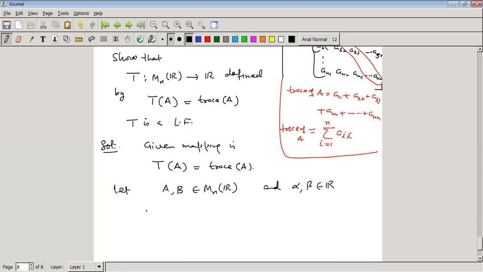Now, because A belongs to Mn R, matrix A is like Aij, of order n cross n, and B is equal to Bij of order n cross n. Now what is alpha A plus beta B?